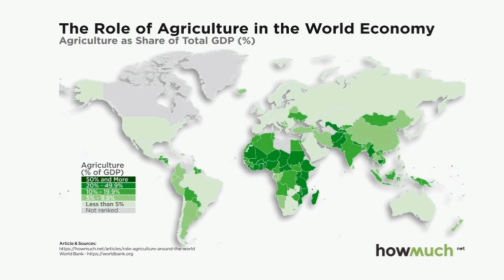India and Bangladesh are also in this list. But the economy of China or United States or Russia or Saudi Arabia or European countries is not based upon agriculture as compared to these third world countries.